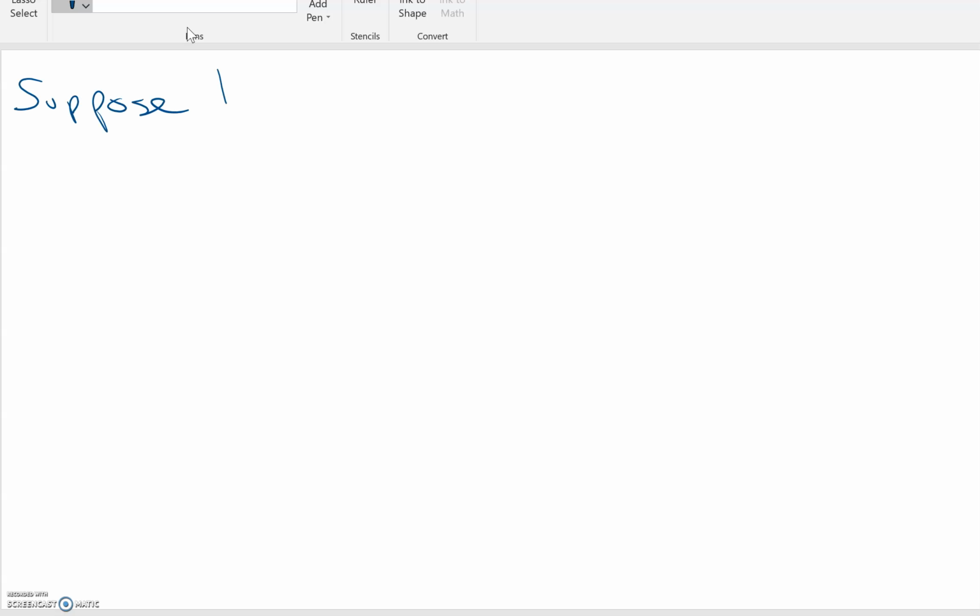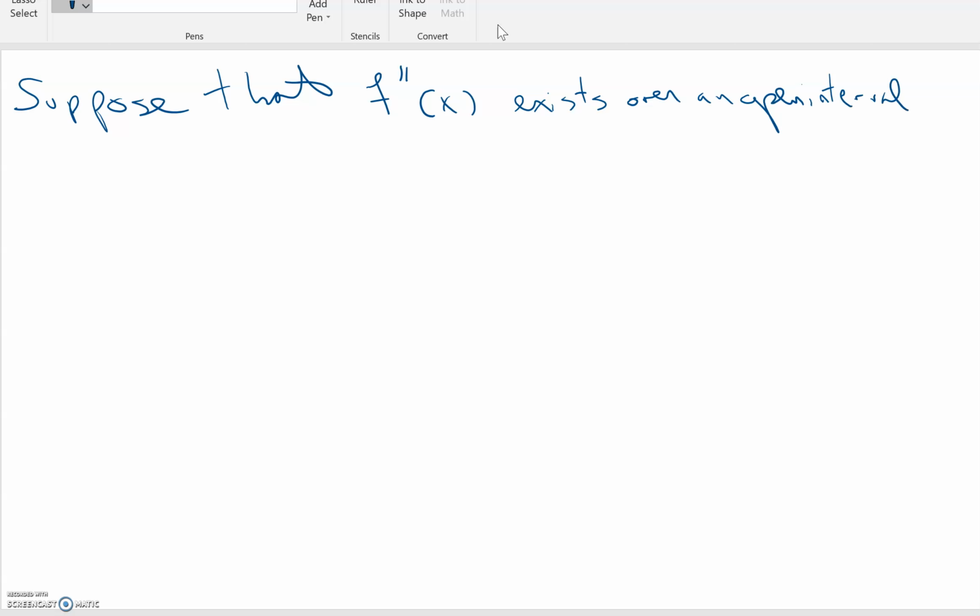Let's suppose that we have a function, and we need, what do we need? We need that f double prime of x exists over an open interval I. Okay, so we have the second derivative exists.